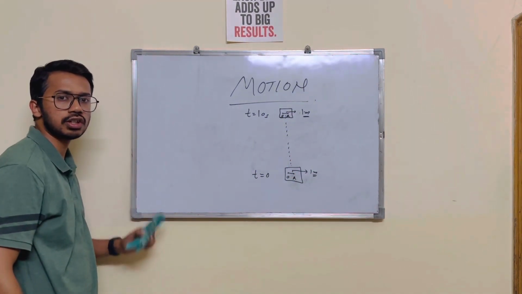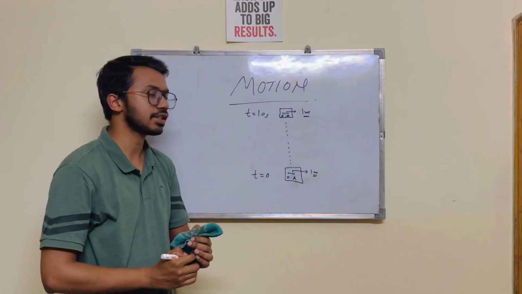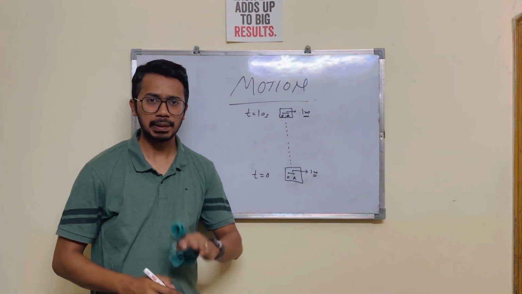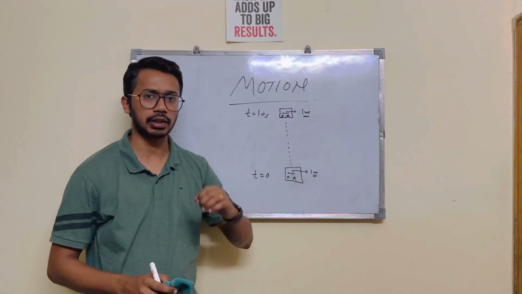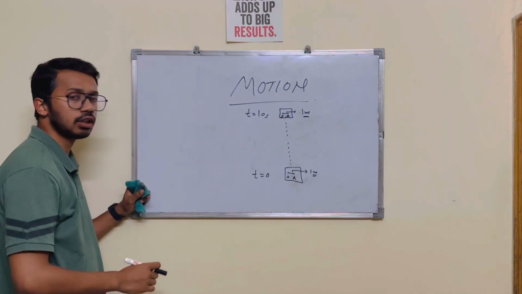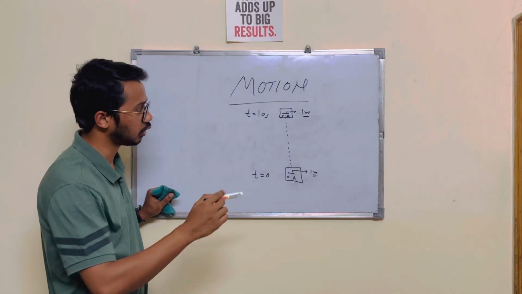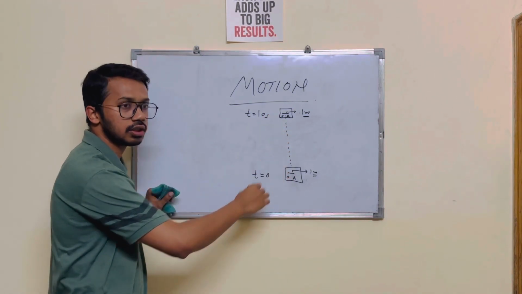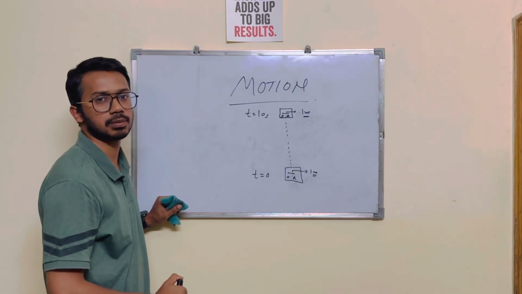So the position has not changed with time, which means that the object is not in motion. I believe you now understand what we are trying to conclude here. We just want you to understand that an object is said to be in motion only when it is changing its position, not with respect to anything, but with respect to a reference point.